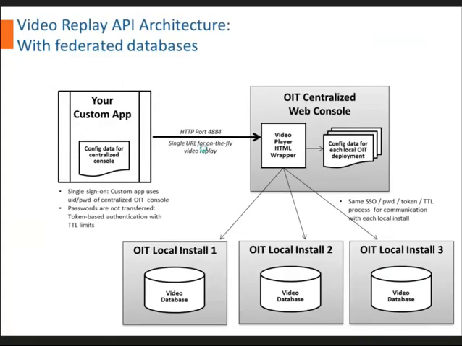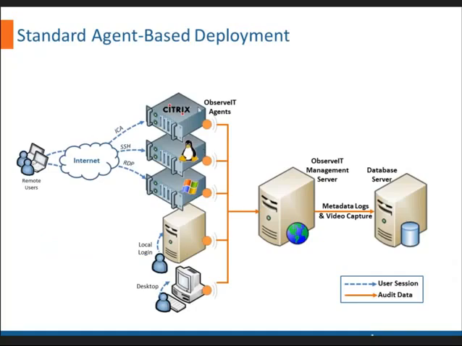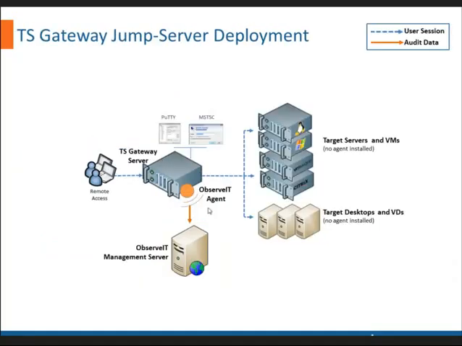I'm going to call up on the screen a little bit about alternative deployment scenarios. What we've described is agent-based deployment. Observe It also gives you the ability to deploy based on a gateway. The concept of a gateway deployment is that you would deploy an agent on a gateway machine and route users via that gateway or jump server, and they would then connect through to target servers or virtual machines where no agent is installed.